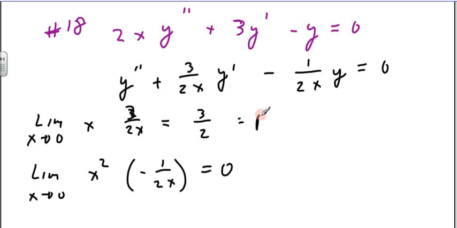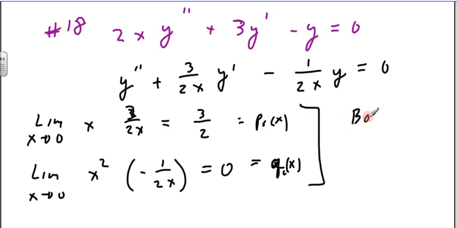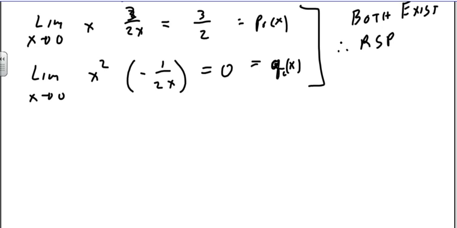So my p naught of x is 3/2, and my q naught of x is 0. What's even better is that both exist. Therefore, I'm at a regular singular point, and I can solve this problem using the Frobenius method. And that's basically what is important.